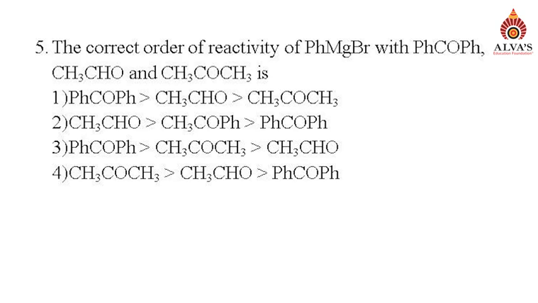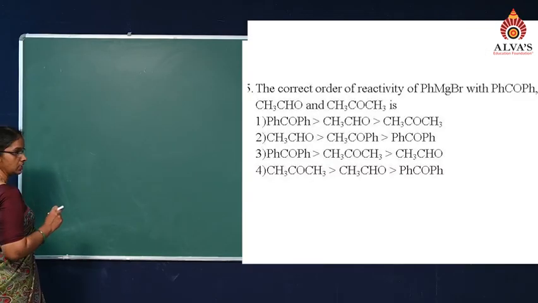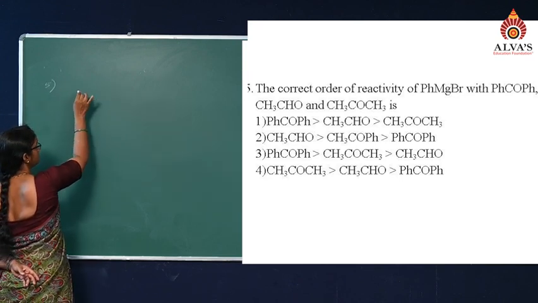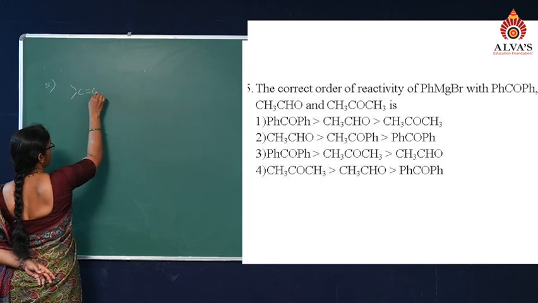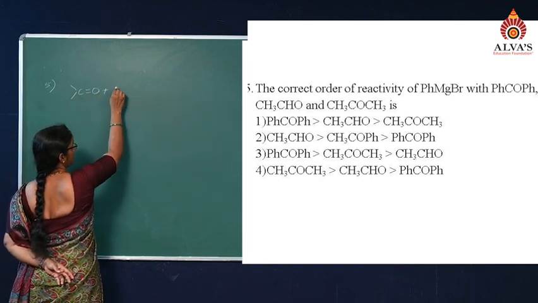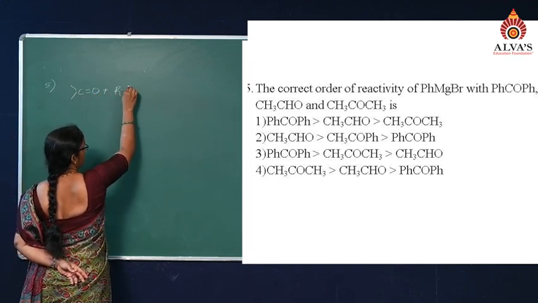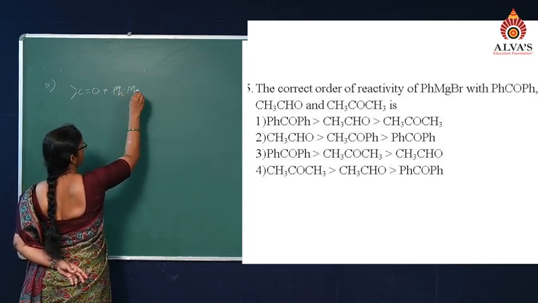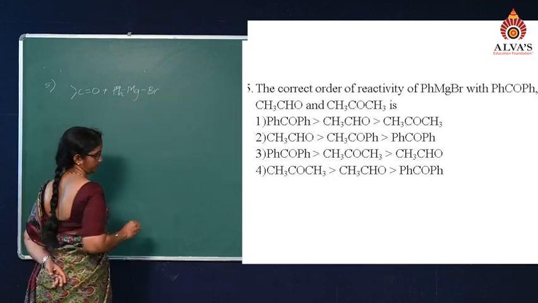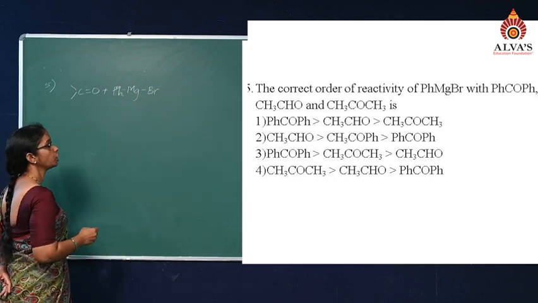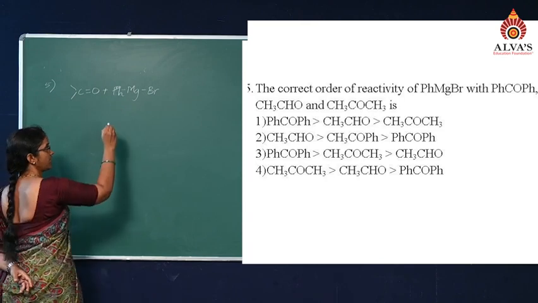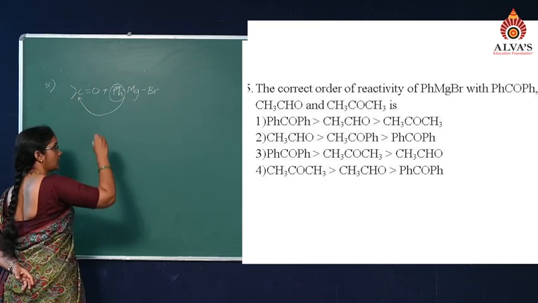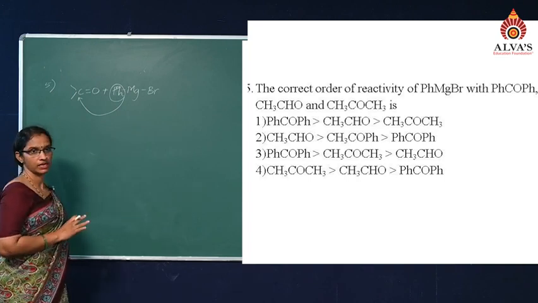Now remember that when we are talking about carbonyl compounds and reaction with phenyl magnesium bromide, definitely this is going to be a nucleophilic addition reaction, and in this the phenyl group, which is the nucleophile, has to attack the carbonyl carbon.